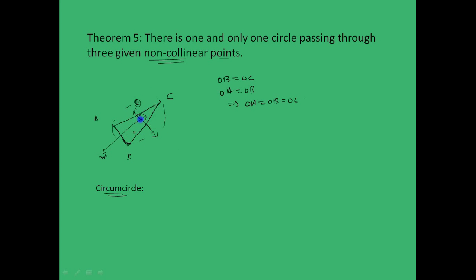And in turn, the radii OB, OA and OC are called the circumradius. And also the center of this circle which circumscribes the triangle is called the circumcenter. So those are some important terminologies associated with circles circumscribing a triangle.